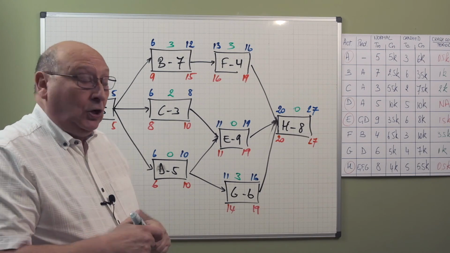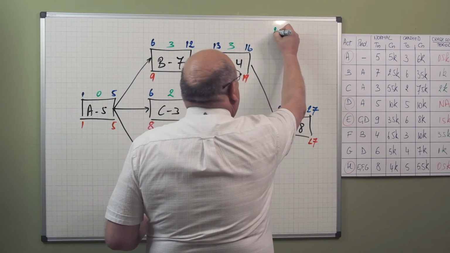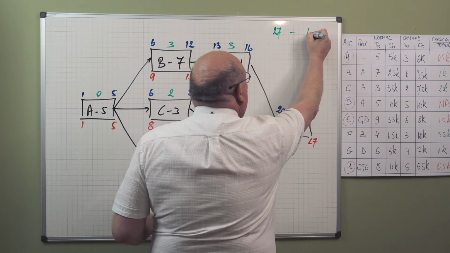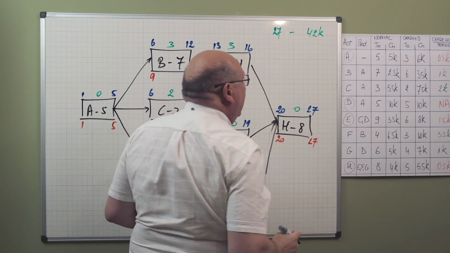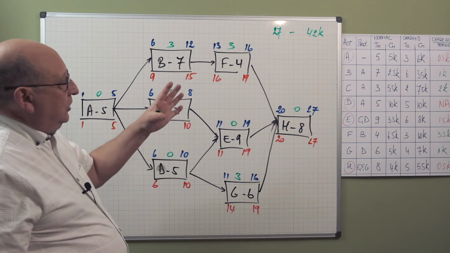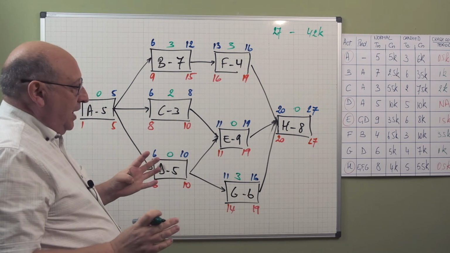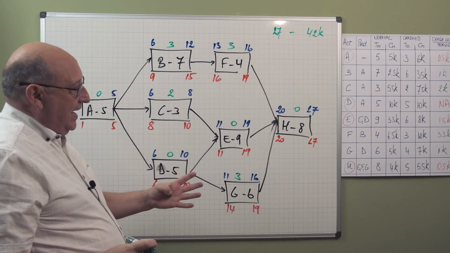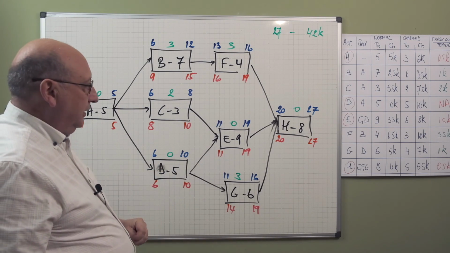Now, first of all, we have the original situation where we have 27 periods and a cost of 42K. So that's where we start. Now, what we're going to do, we can crash A or H. Now, when we look at crashing H, we can crash 3 periods.